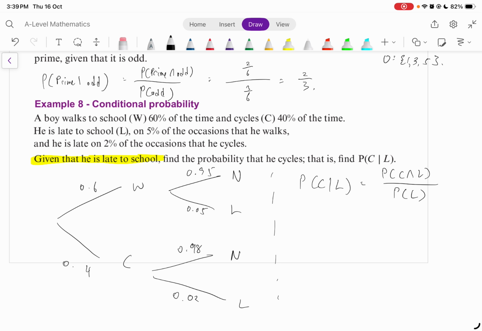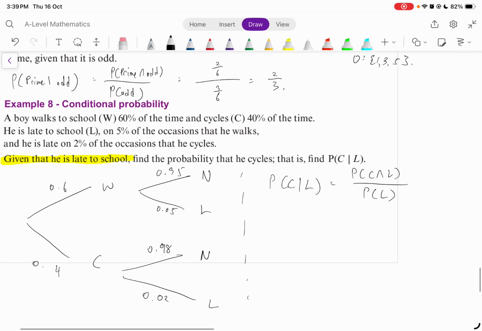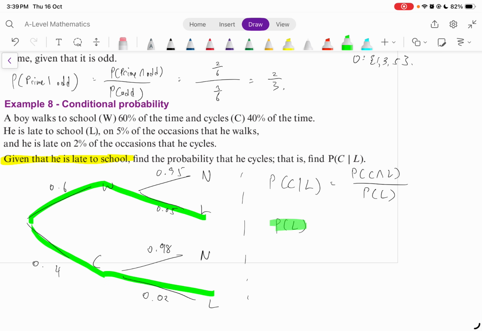So we need to find out what the probability of L is. So the probability of getting late, we have walking with L, cycling with L. This is how we calculate late. Okay, so that will be 0.6 times 0.05 plus 0.4 times 0.02. So that results in 0.038.